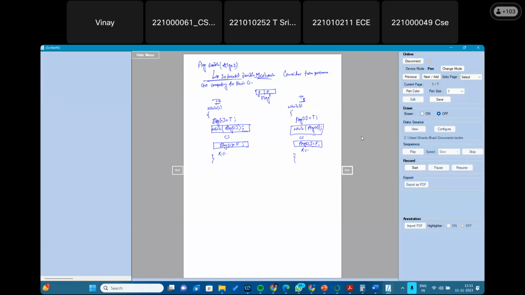So let us do the analysis part. Before starting, I will tell you the algorithm will achieve mutual exclusion, progress, does not achieve the progress, bounded waiting, does not achieve the bounded waiting.